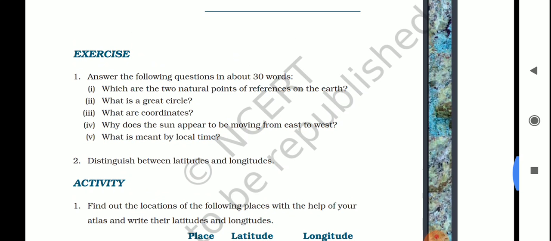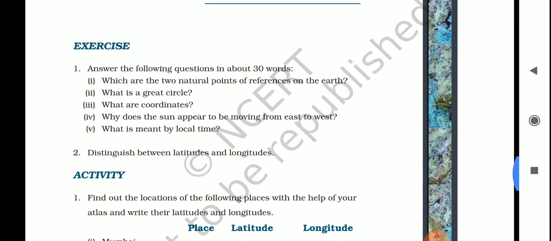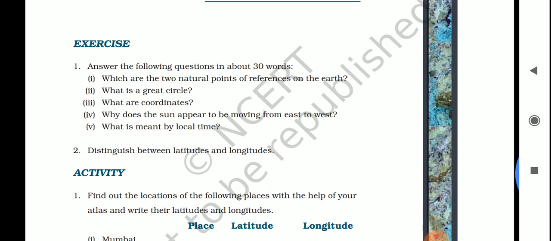Then the second question is, what is the great circle? I explained in the chapter, the great circle is the equator. The equator forms the longest circle. It is also called the great circle. Then we have the third question, what are coordinates?